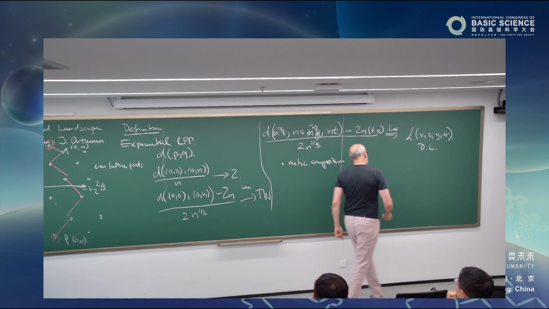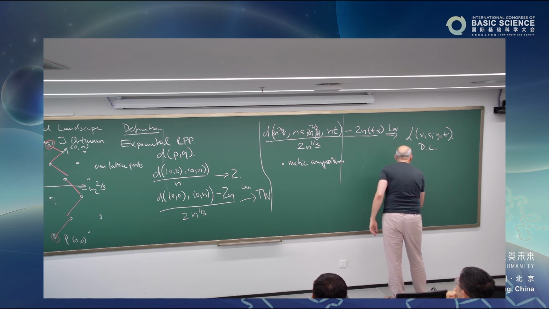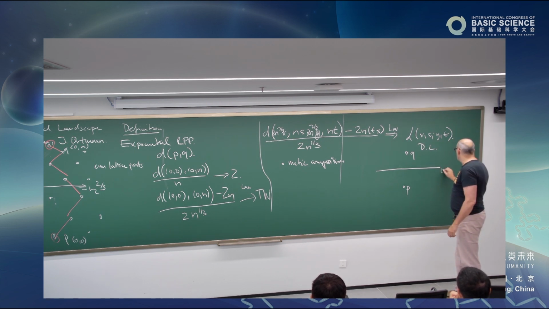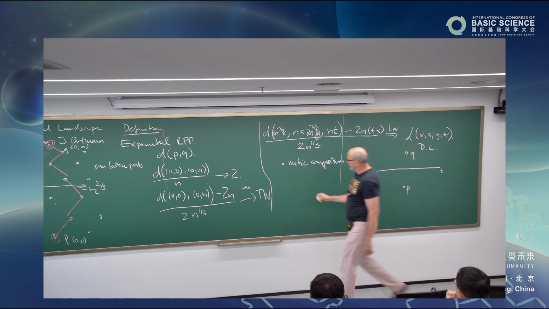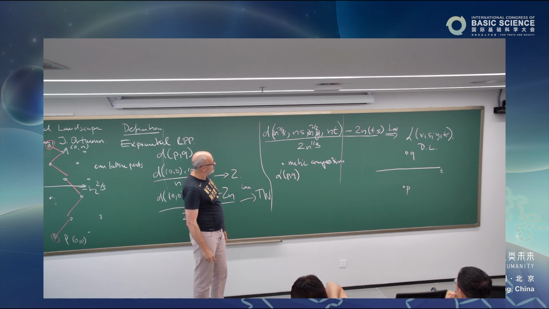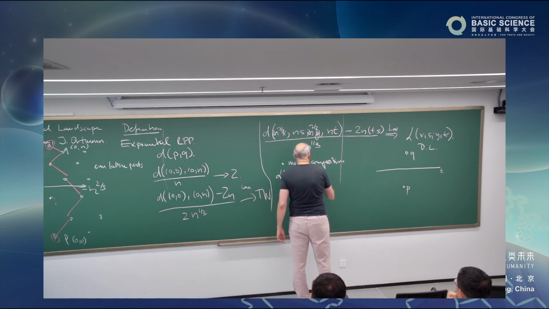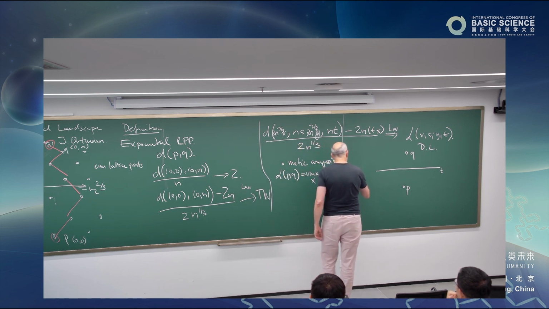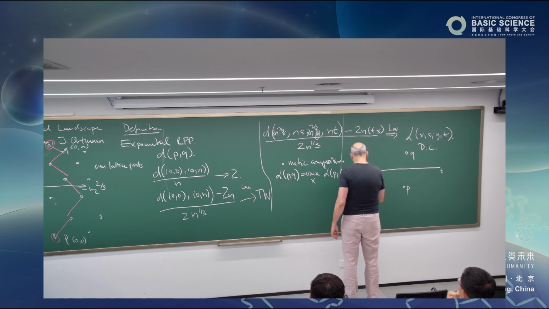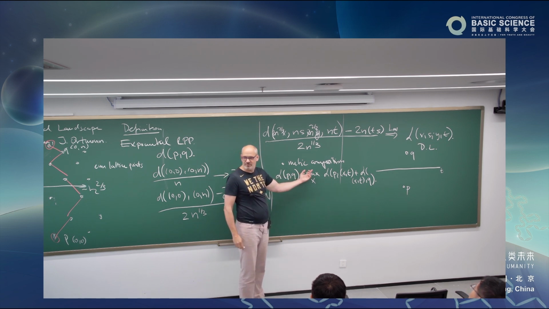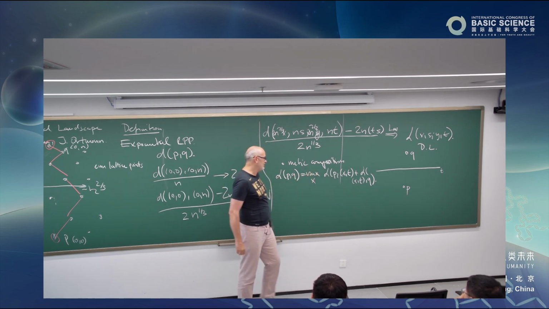So let me tell you what it is. If you want to go from P to Q, because these are 2 points, and you have some intermediate time t between P and Q, then L of PQ, the distance between P and Q, is equal to the maximum over x of L going from P to (x, t) plus L going from (x, t) to Q. Okay, and what this represents is, first of all, if you remove the maximum, you just get the triangle inequality.